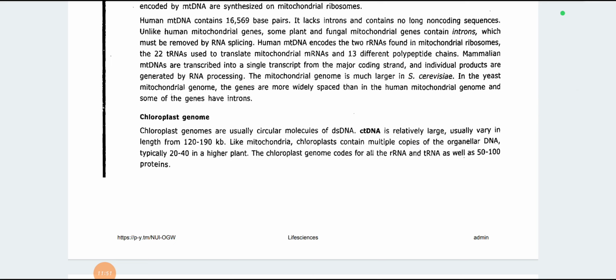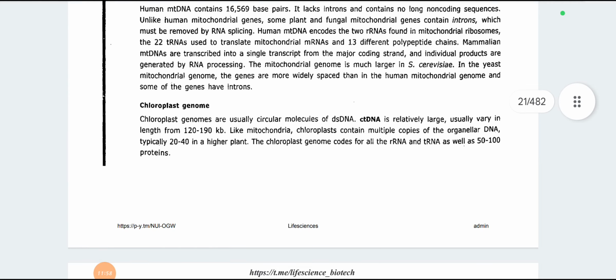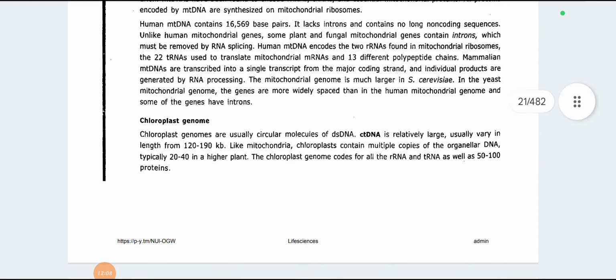Human mitochondria contain around 16,000 base pairs which lack introns and contain long non-coding sequences. Unlike human mitochondrial genes, some plant and fungal mitochondrial genes contain introns which must be removed by RNA splicing.